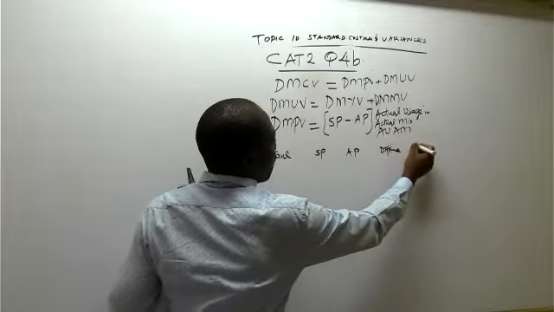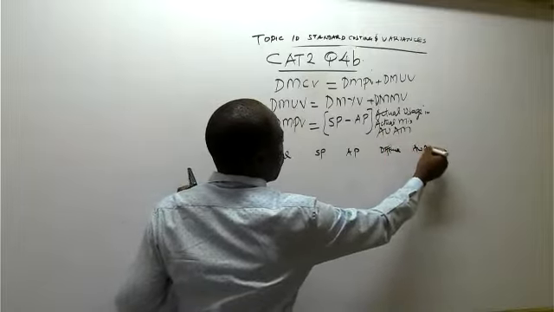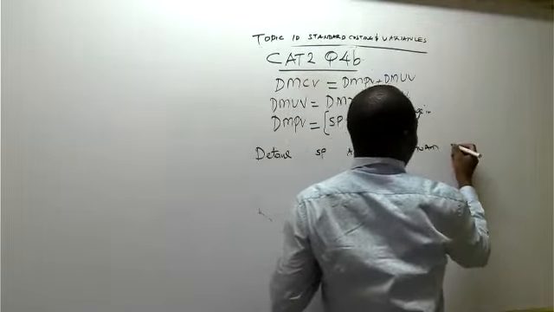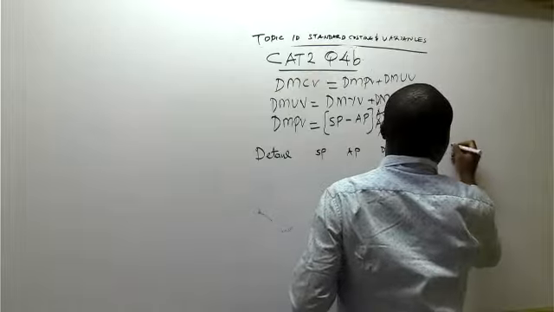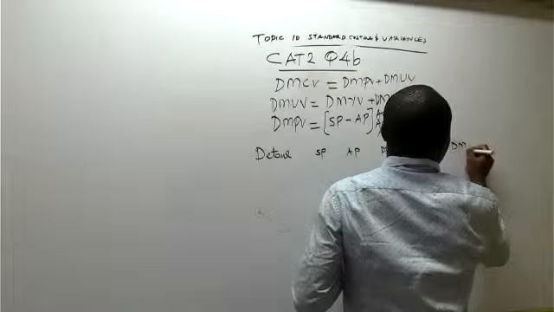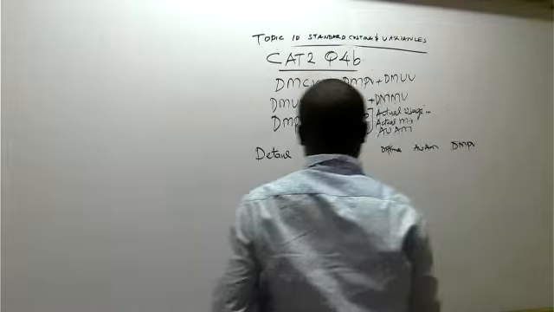Then multiply by actual usage in actual mix. Having done that, you come here and give us the variance, which is direct material price variance.